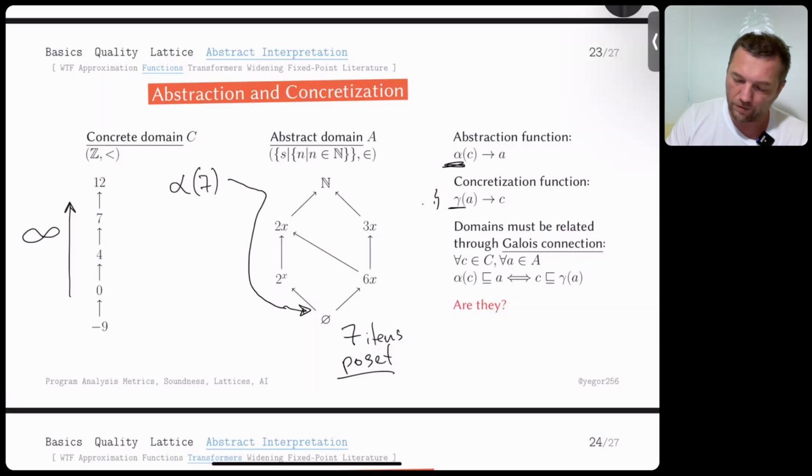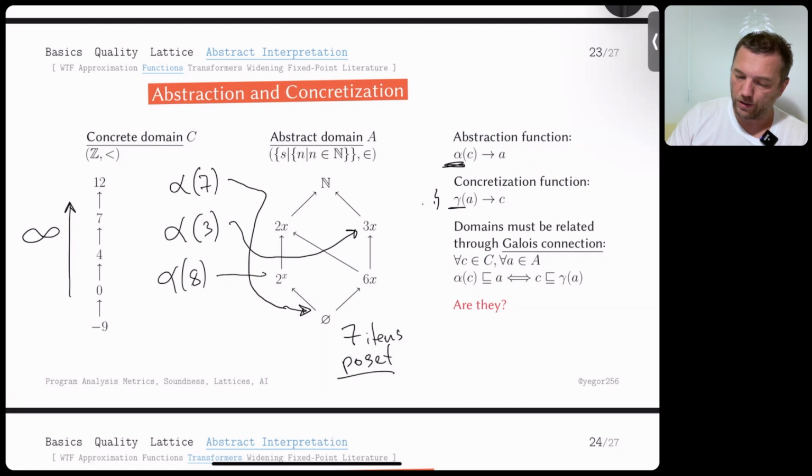And if I say alpha 3, then it goes here, the mapping. If I say alpha 8, then it may go here, it may go here, and I decide to go here. The lower, the better. The precision is higher.